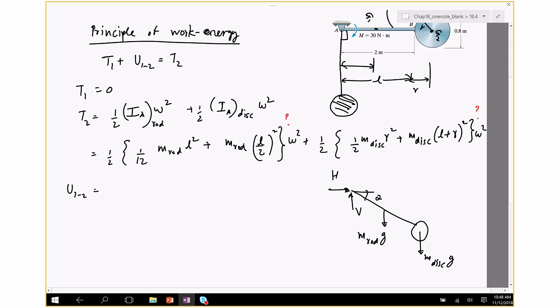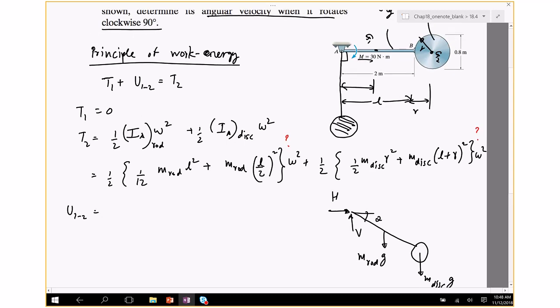So the work done by, I think I'm forgetting another force, that is a moment. Okay, so work done by the moment is m times the displacement, so pi divided by 2 minus 0, because the angle turned is 90 degrees, so m times theta, plus work done by m rod g, which is going to be force times the displacement.